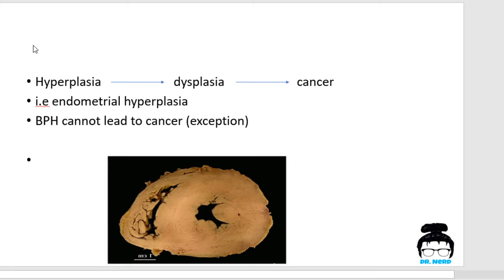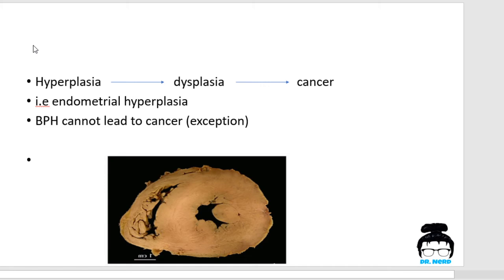So, hyperplasia can lead to cancer. After we increase the stress on the cell for a long time, we will have hyperplasia. After that, if we have hyperplasia for a long time, this will lead to dysplasia. Sorry, dysplasia will lead to cancer. One example of that is endometrial hyperplasia.